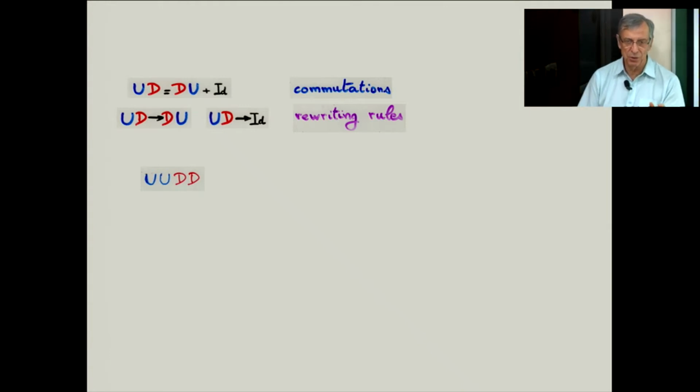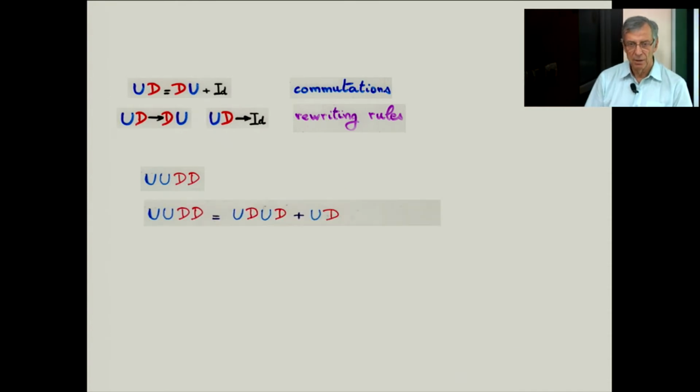If you have a UD, then you can replace UD by DU, or you can replace it by identity. So it means I'm going to put in the word UUDD all the D on the left, all the U on the right. If I take the UD in the middle, UD can be replaced by DU, or UD can be replaced by identity.